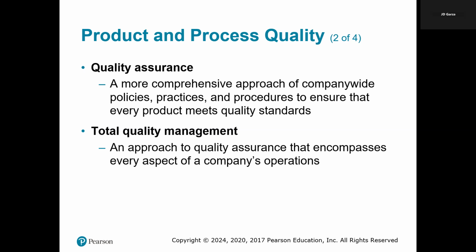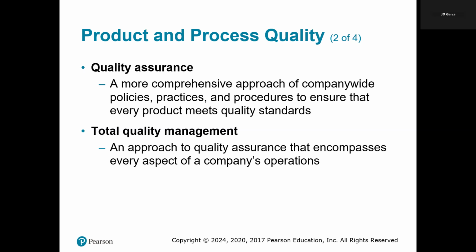And then you have TQM, which extends the principles of quality assurance further by embedding quality into every aspect of the organization. It's not limited to production, but also covers all departments: marketing, HR, customer service, and others, by fostering a culture of continuous improvement and collaboration.